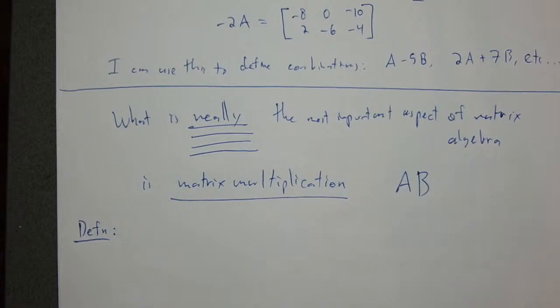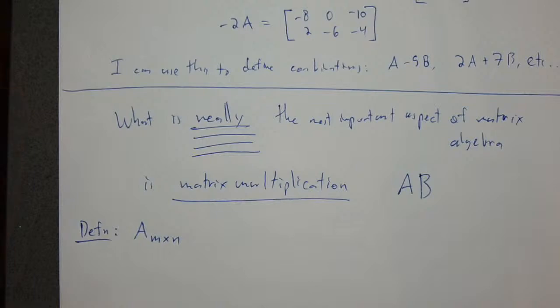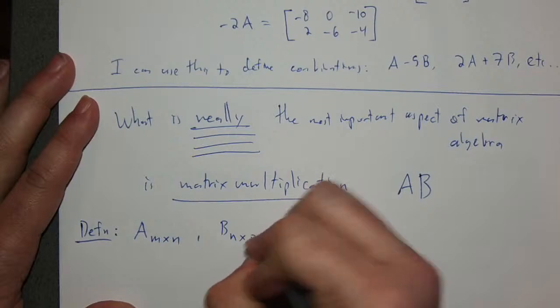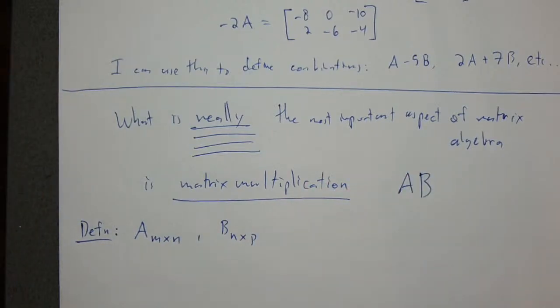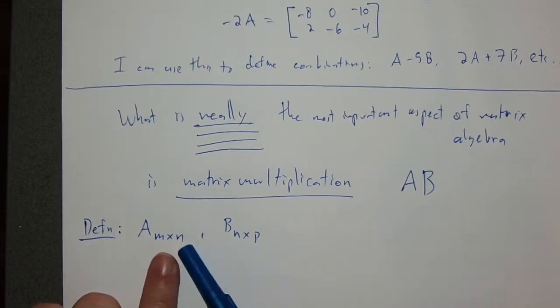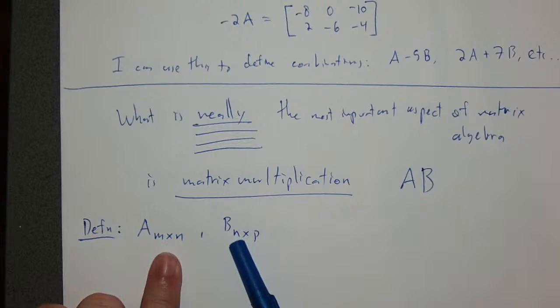Let's say that A is an m by n matrix, and B is an n by p matrix. We're going to go over this in a second, but this makes no sense unless the number of columns of A and the number of rows in B are the same. This is for defining A times B.